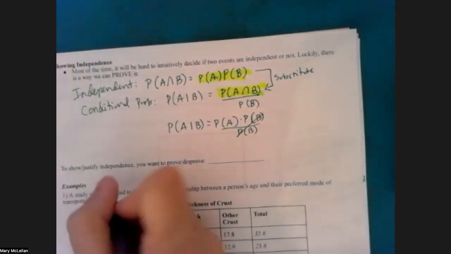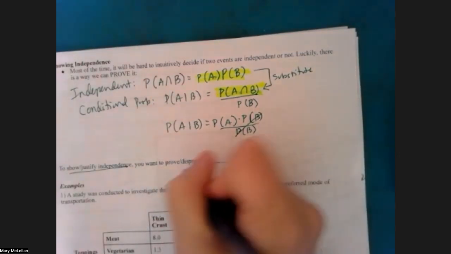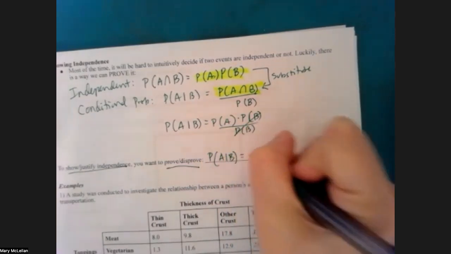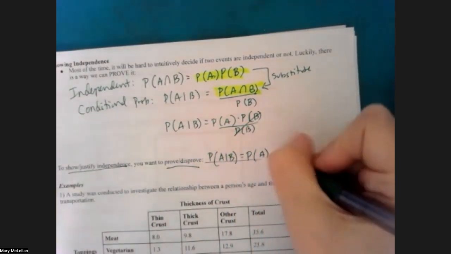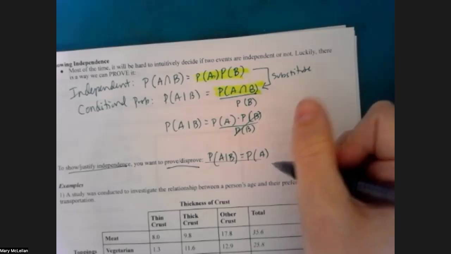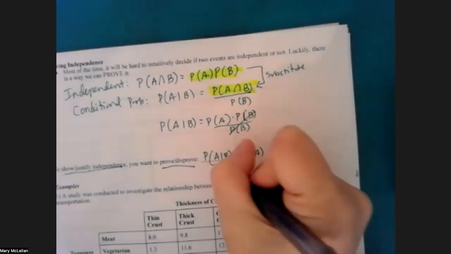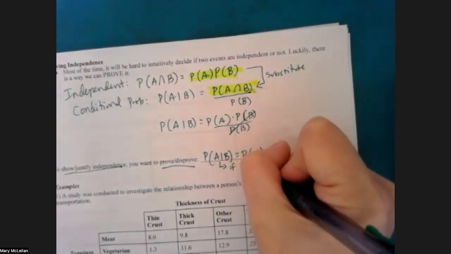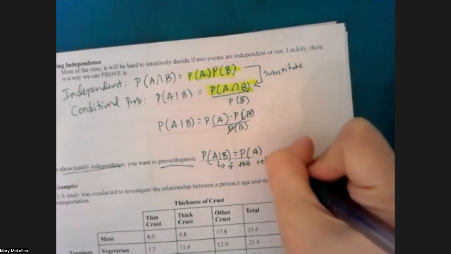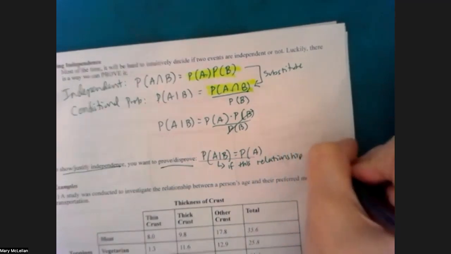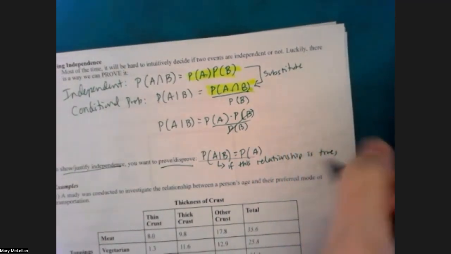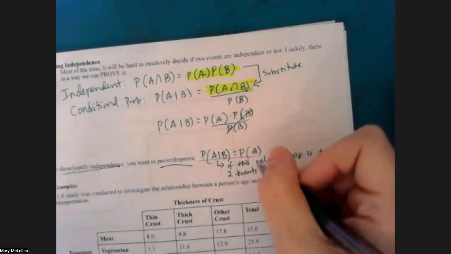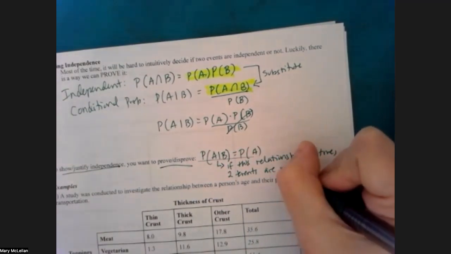So to show or justify independence, we want to prove or disprove that the probability of A given B equals the probability of A. If this relationship is true, then the two events are independent.